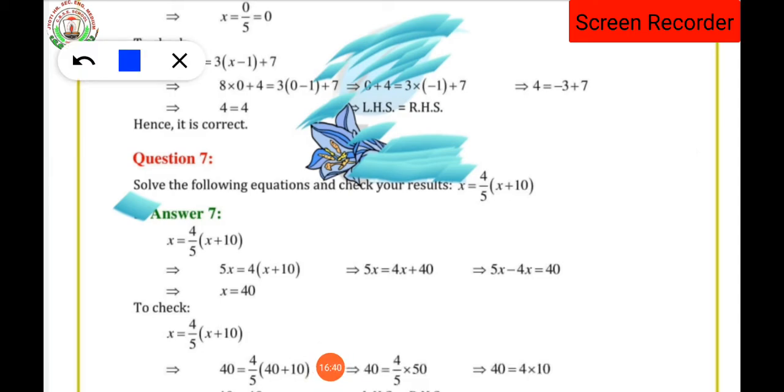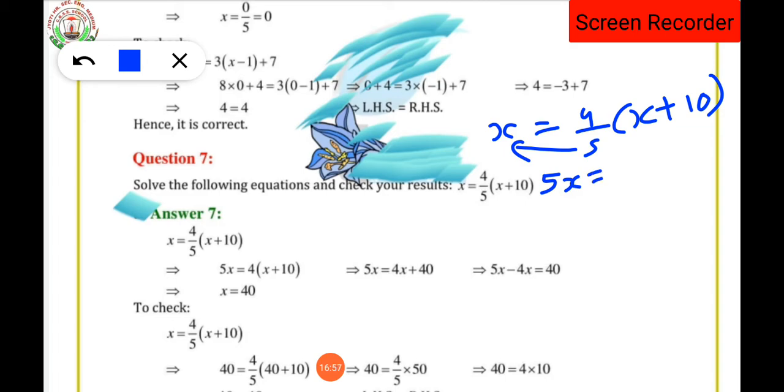Now this denominator 5 will go to the numerator x, and it will be multiplied there. So here the equation will be 5x is equal to 4 into x plus 10. Clear? 4 into x plus 10 it will be there.